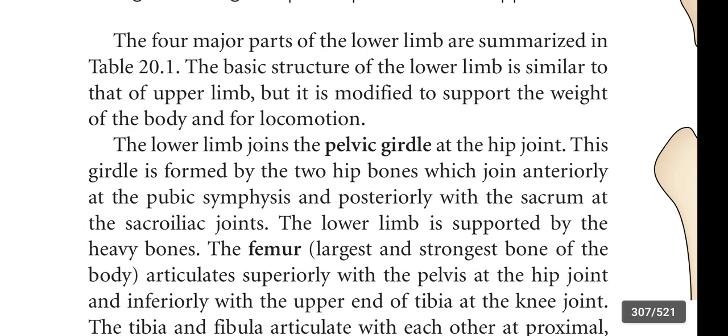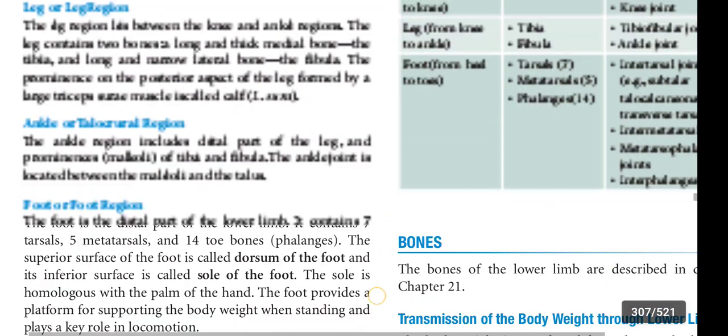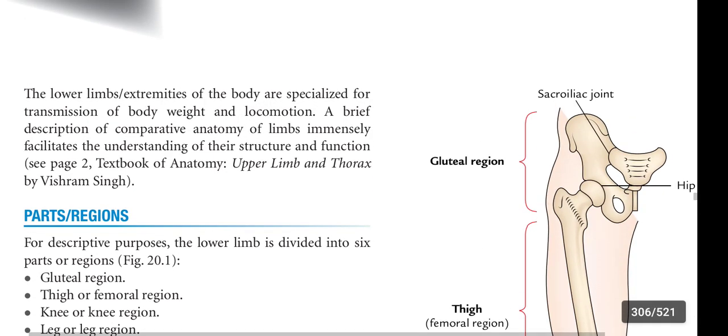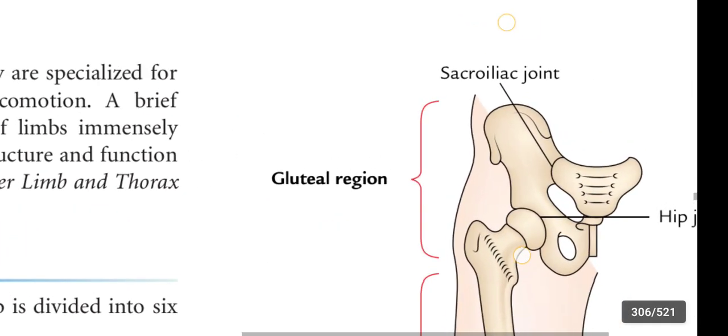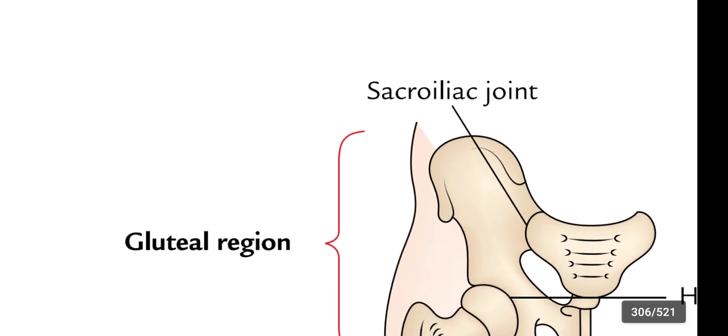This girdle is formed by the 2 hip bones which join anteriorly at the pubic symphysis and posteriorly with the sacrum at the sacroiliac joints. This is the sacroiliac joint which forms posteriorly. Okay.